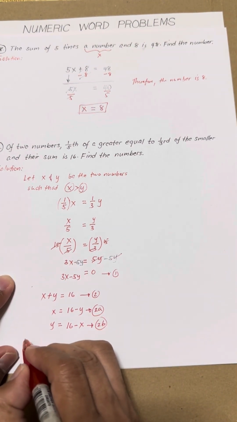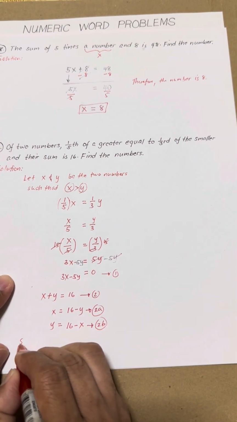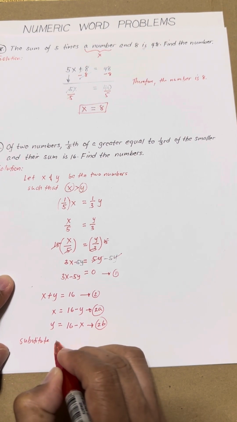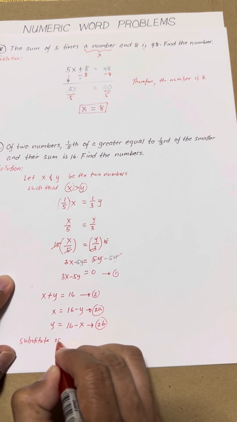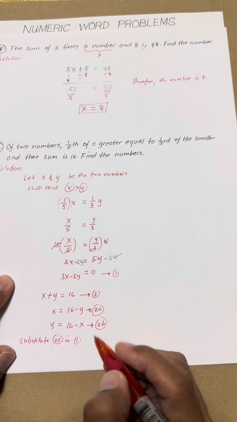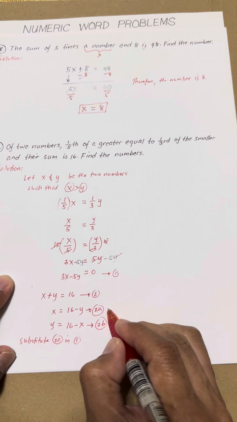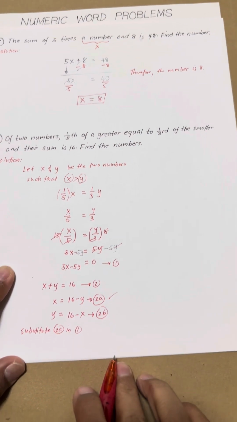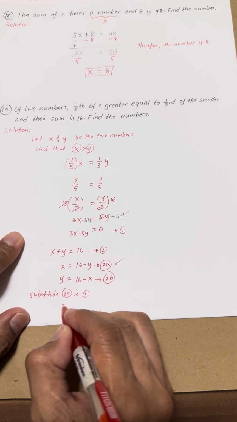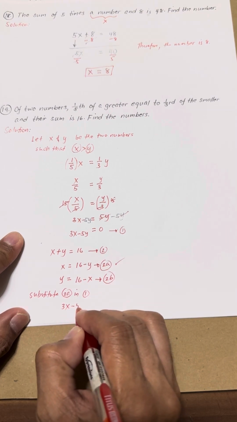If I'm going to substitute equation 2a in equation 1, this is our equation 1: 3x minus 5y.